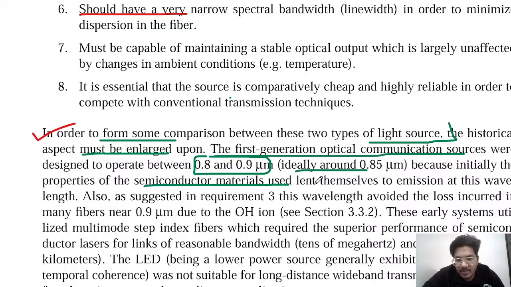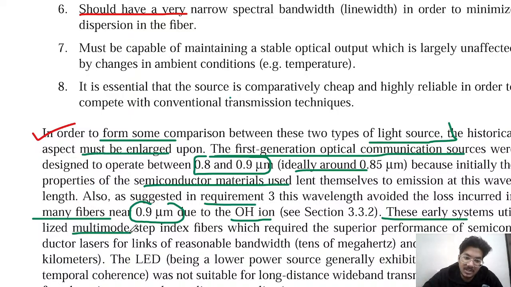Also suggested was this wavelength to avoid the loss incurred in the fiber near 0.9 micrometer due to the OH ion. These early systems utilize multi-mode step index fiber, which required a superior performance of semiconductor laser or LED for reasonable bandwidth and distance.